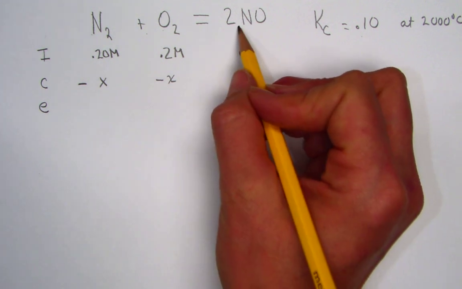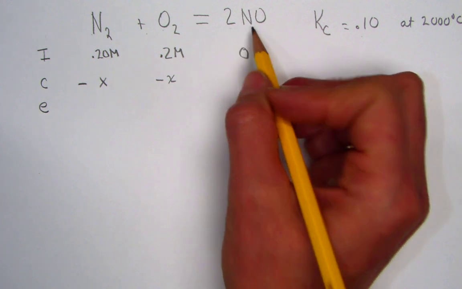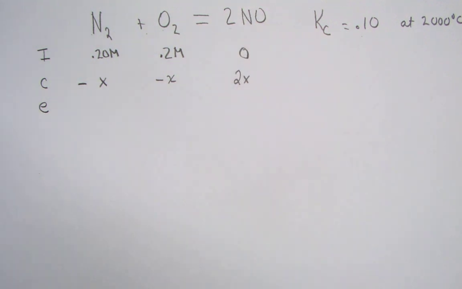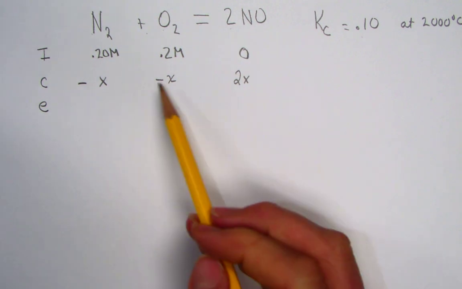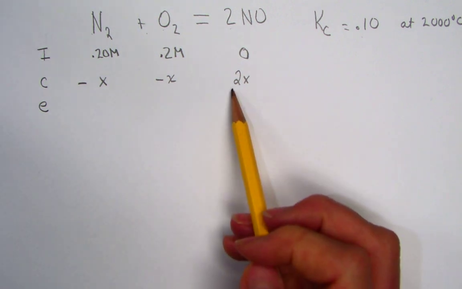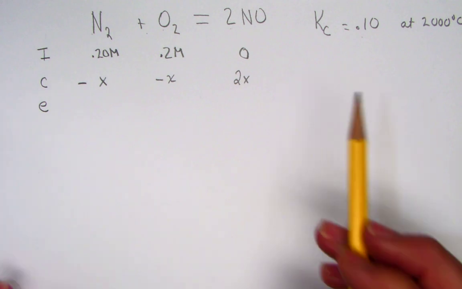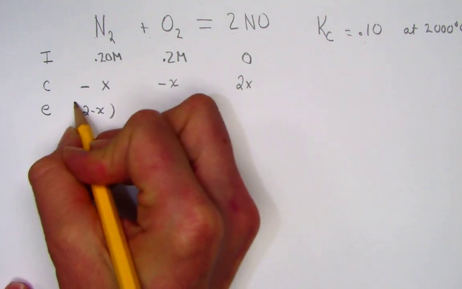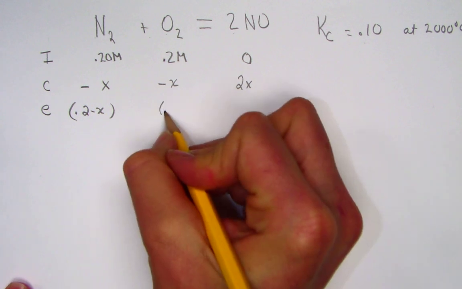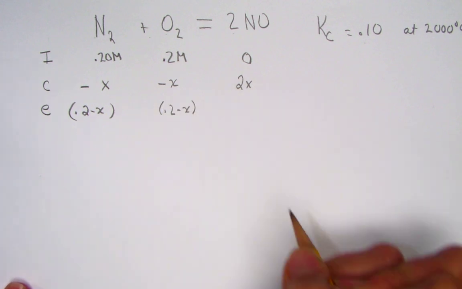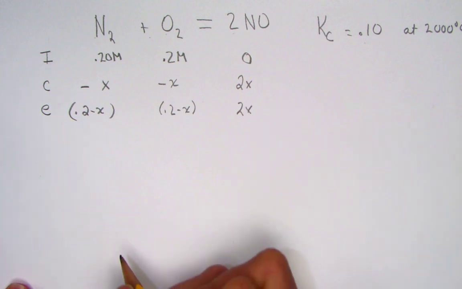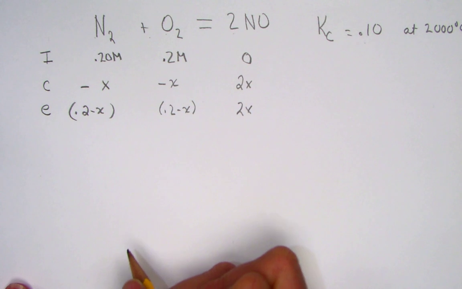Because product gets made to the tune of 2x, we're going to call that value, as the change, 2x, a 1-to-1-to-2 stoichiometric ratio, pulling those coefficients down. So at equilibrium, we have 0.2 minus x representing the amount of nitrogen, 0.2 minus x representing the amount of oxygen, and 2x as the value of our product, nitrogen monoxide.